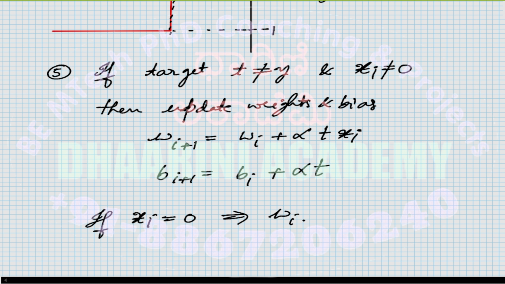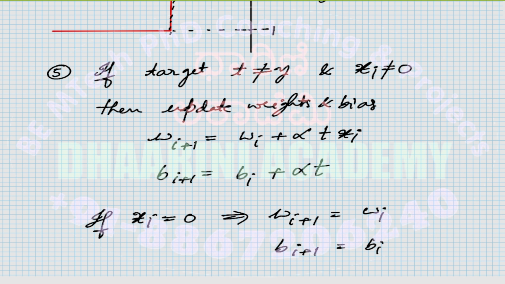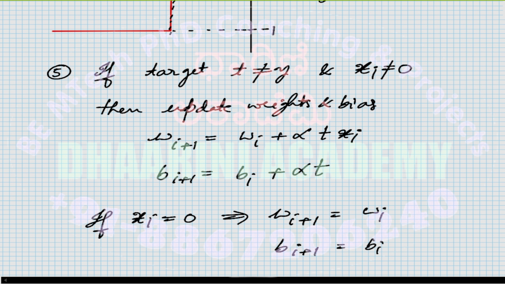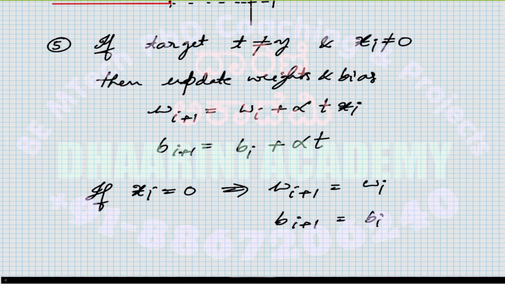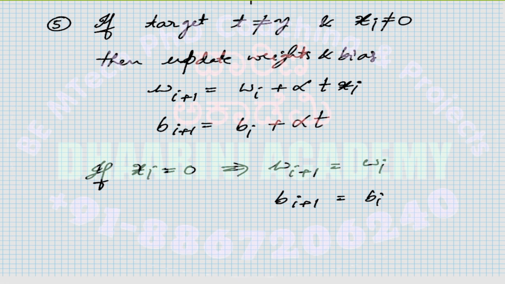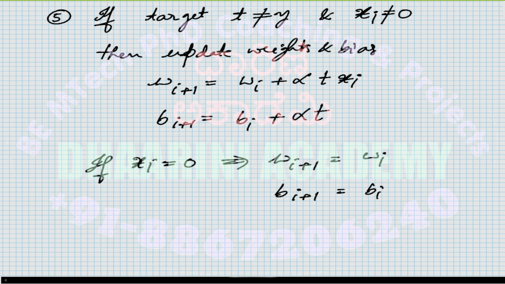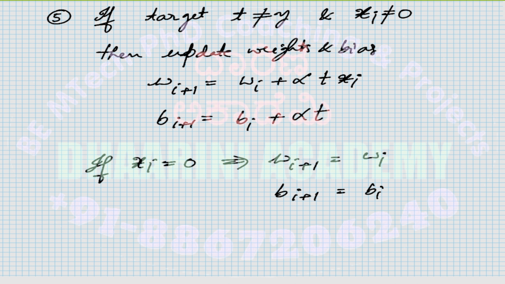So wi plus 1 is wi, and bias bi plus 1 is simply bi. So this is the learning rule. Repeat this as you give different types of inputs.